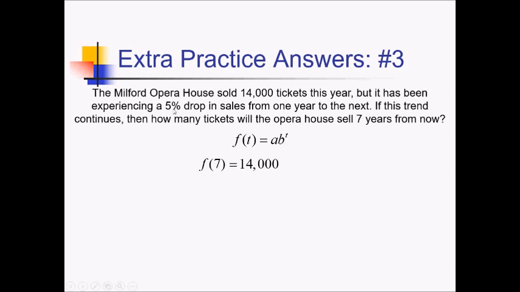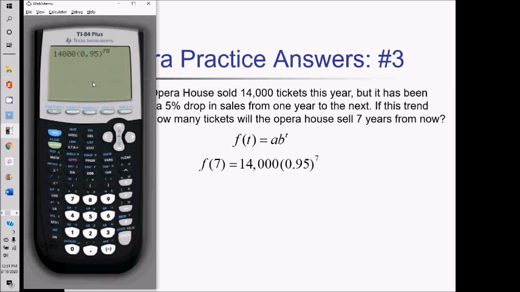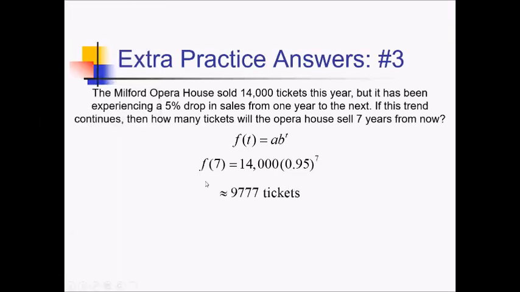Since you're losing 5% every year, we've got 1 minus 0.05 is 0.95 for the decay factor. And then for the exponent, the t value, that's just this 7 over here. So let's go ahead and plug all of that into the calculator now. It looks like that's going to be 9,777 tickets if we round up.